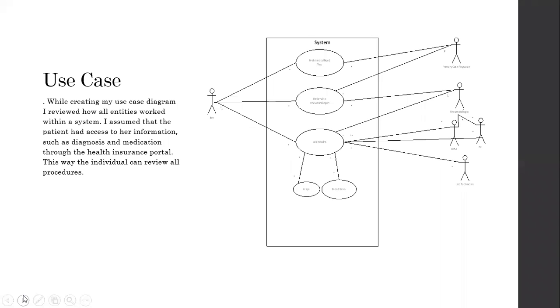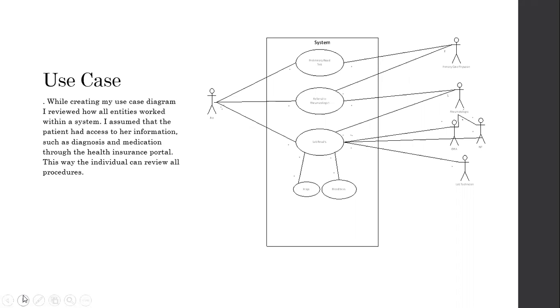In my use case diagram, I reviewed how all the entities worked within the system. I assumed that the patient had access to her information, such as diagnosis, medication, and treatment plans, through a health insurance portal. This way, the individual can review all her procedures.